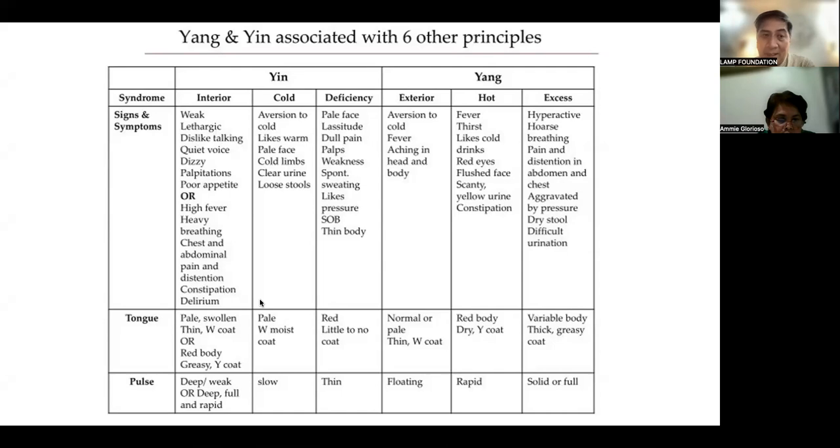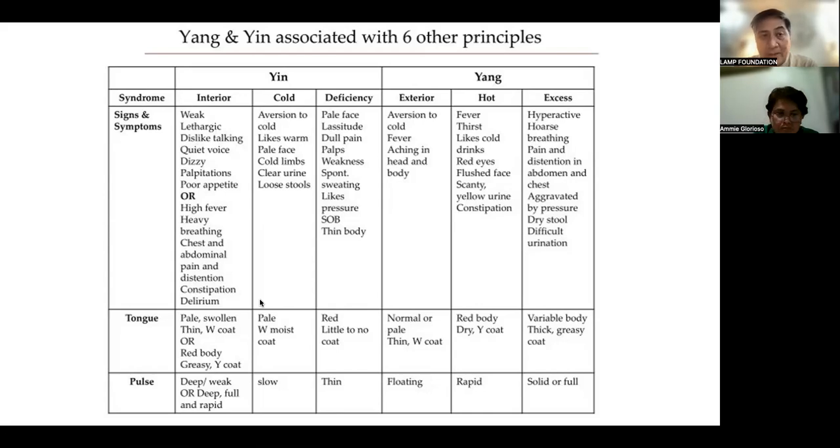Or a red body with a greasy, yellow coat is interior, because there is dampness. Remember, greasy: dampness is yin. The pulse is deep or weak, or deep, full, and rapid.